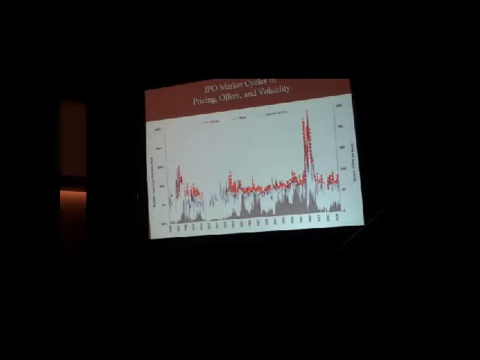What Michelle and Mike and I added to this graph from what Jay and Roger Ibbotson had done earlier, besides more time series data, was we added the little red line. What's the little red line? The little red line measures the standard deviation of returns to IPOs across all deals that occur within a given calendar month.